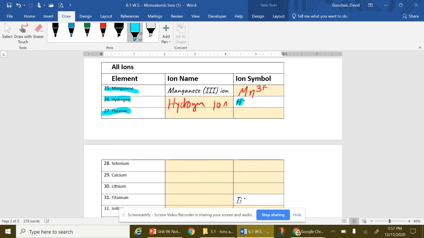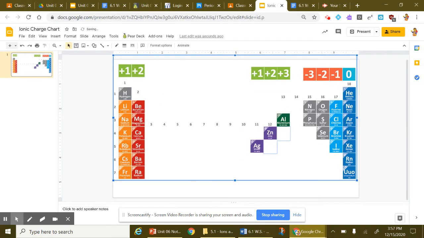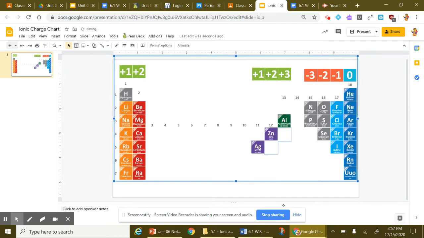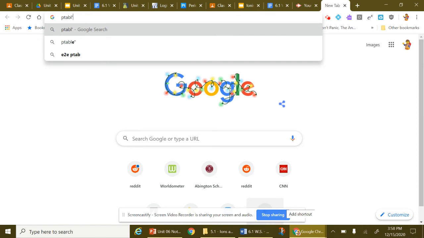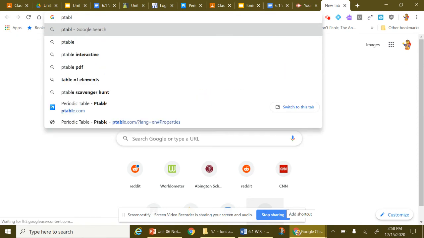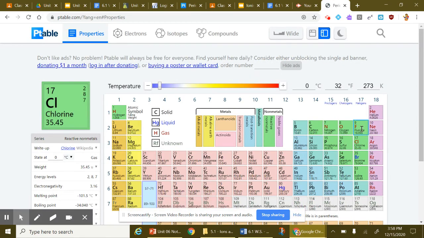Fluorine is a non-metal. How do I know? Well, I just look it up on the periodic table. Here's fluorine. Or maybe I go up here and I search ptable.com. Okay, here it is, the P table. Fluorine, fluorine, fluorine. Here it is. It is a non-metal.